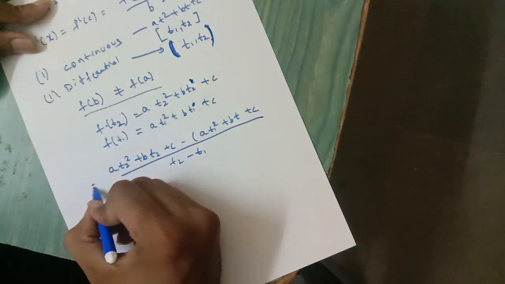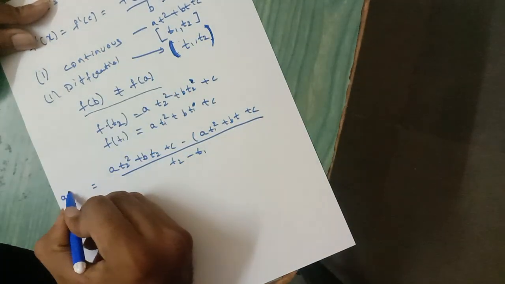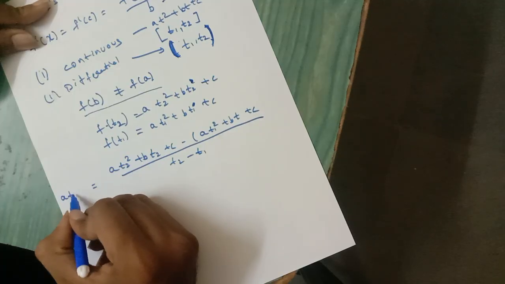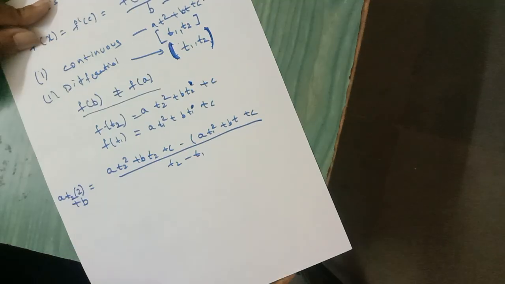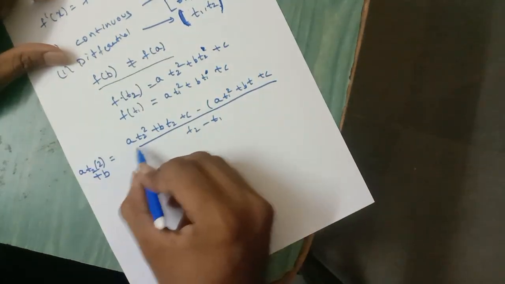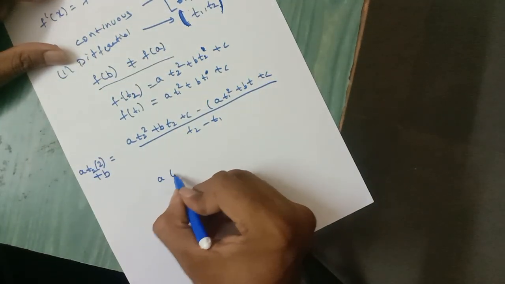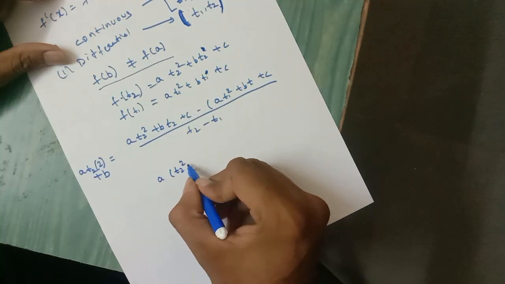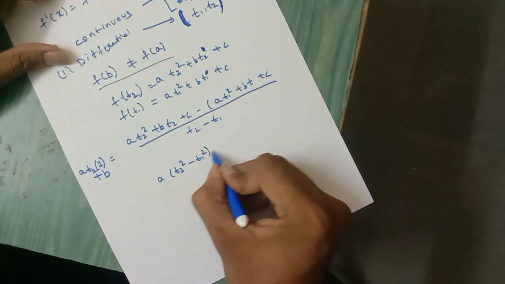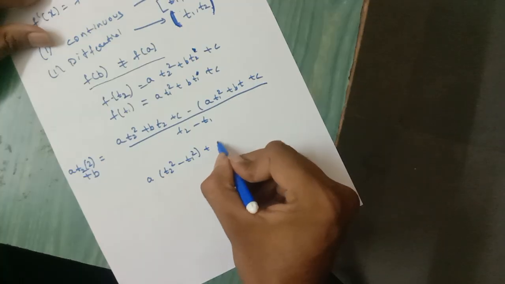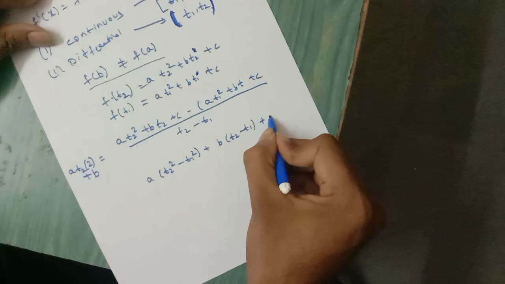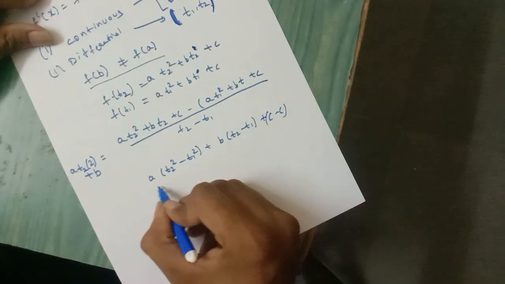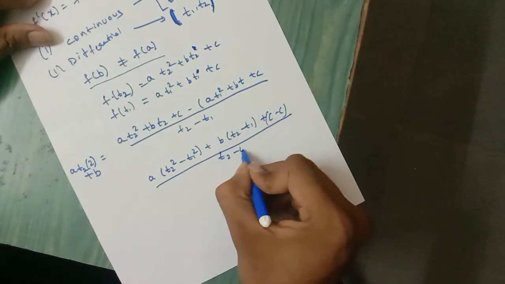And here we have to differentiate this equation, and that will be 2a t plus b. Okay, fine. Now if you take common a into t2 square minus t1 square plus b into t2 minus t1, plus c minus c, and here c minus c will be zero.